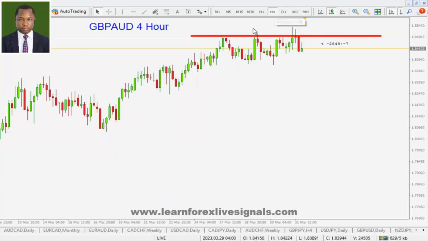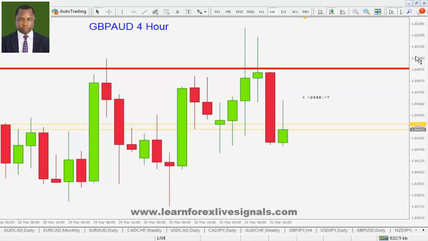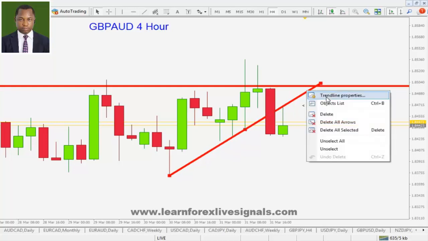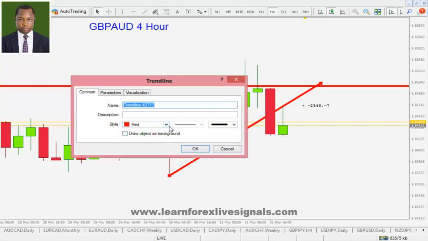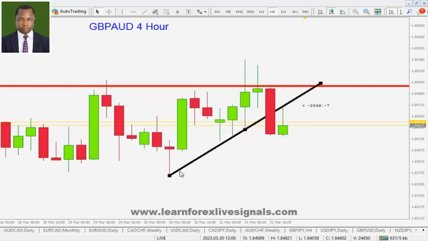If you dig deeper into the lower time frame, let me try to expand this. You will see the price is actually now sitting outside that broken line. Let me change the color to black. Now you will see in this time frame, there was this rising trend line I was actually following.